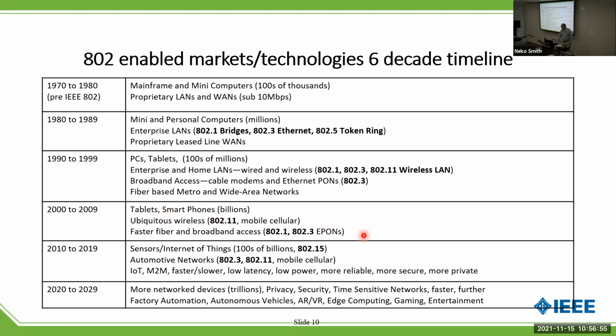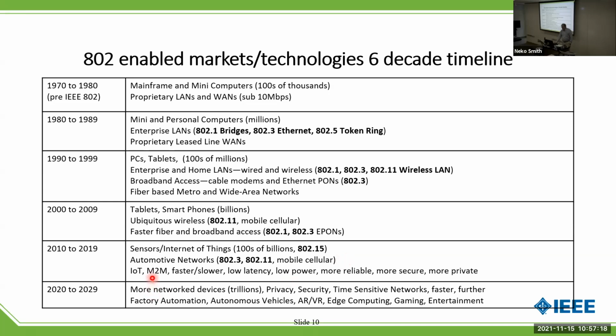There was a tremendous amount of growth over that decade. The following decade, we see the Internet of Things grow up. We've got hundreds of billions of end units, all connected wirelessly. We've got automotive networks becoming more and more important in the markets that we're trying to serve.